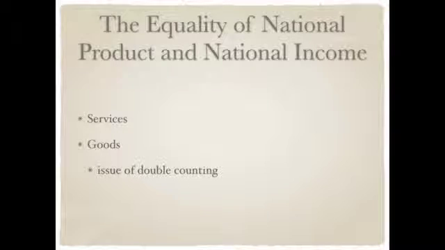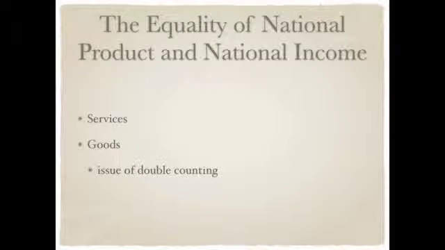So realize that that $200 worth of services that I received counts towards GNP, but it also is income because the $200 of services equated to a $200 payment to the plumber to provide those services. So you can see from that transaction, this oversimplifies things, but just realize why this equality exists: production and income are the same.